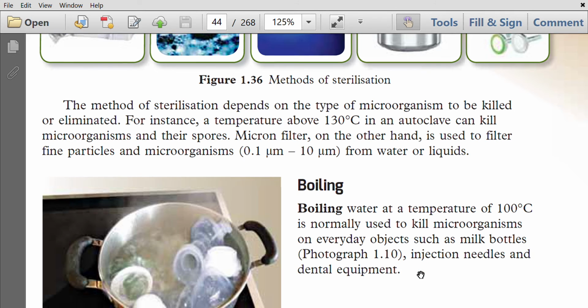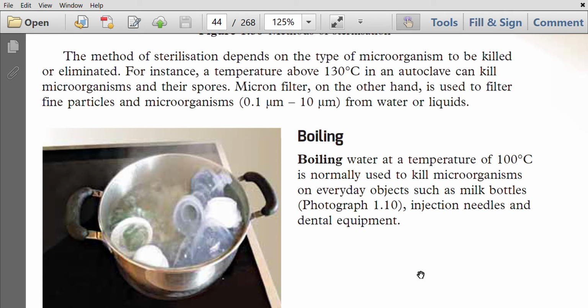Now let's look into boiling. This is the common sterilization that is available at home. Boiling water at a temperature of 100 degrees Celsius is normally used to kill microorganisms on everyday objects such as milk bottles, injection needles, and dental equipment.